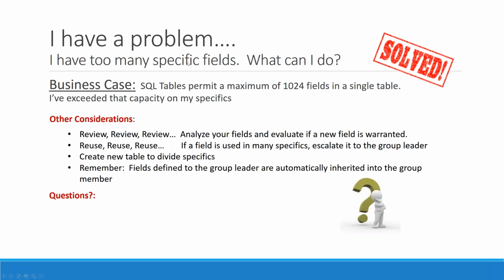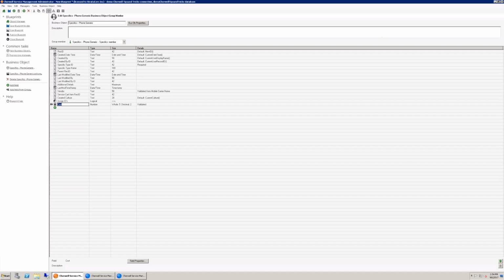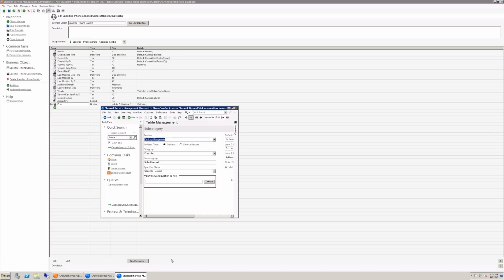Well, if I understand correctly, it's possible that they're talking about these logicals. What's great about that is that Cherwell provides you with some great tools. Number one, when I'm searching, this will make more sense if I actually go into a search.